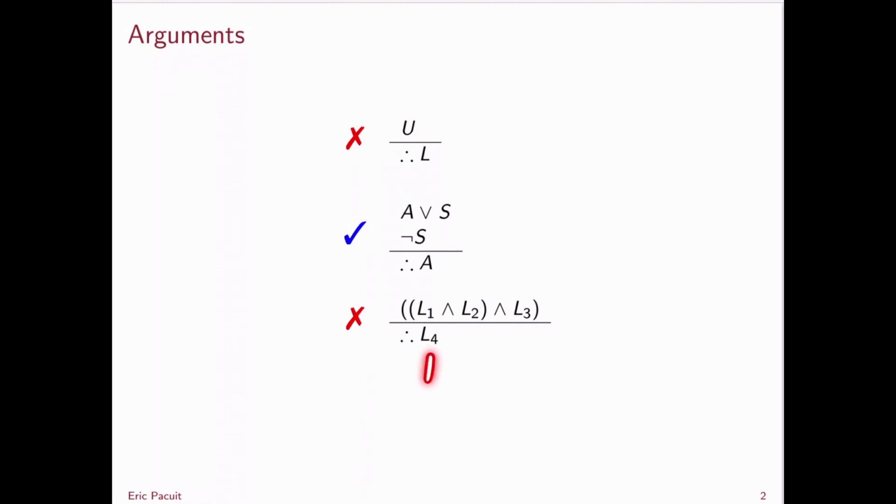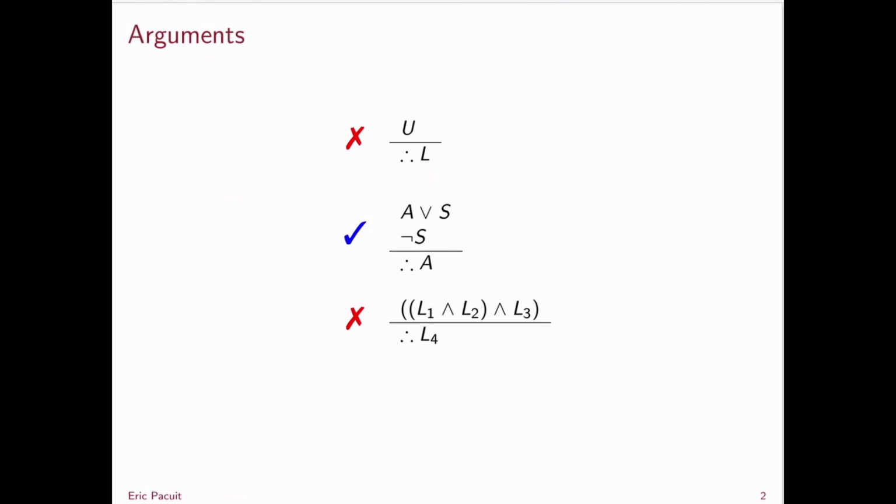And then L4 is going to be a completely different atomic proposition saying that Anne brought her laptop to the current lecture, or lecture 4. One can easily find a truth value assignment that makes L1 true, L2 true, and L3 true, yet L4 false, because these are four different atomic propositions, and you can assign truth values however you want.